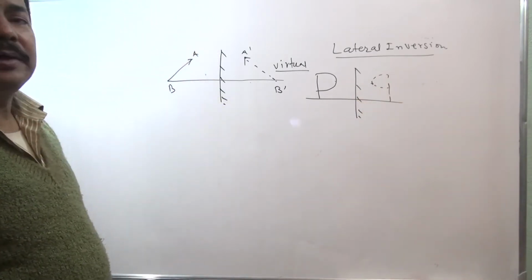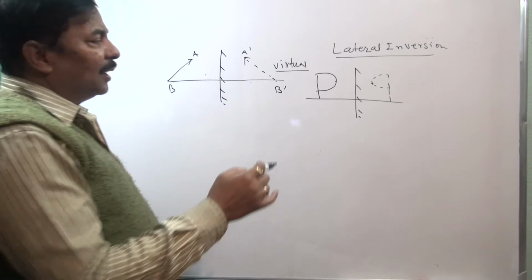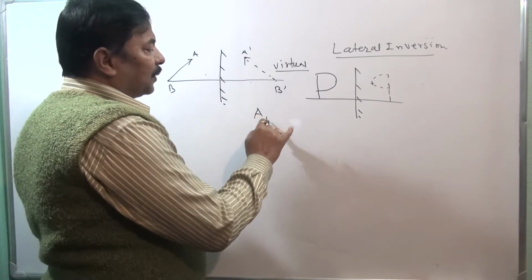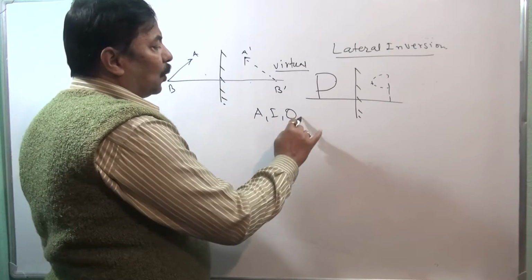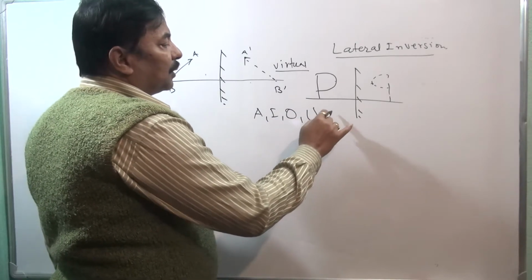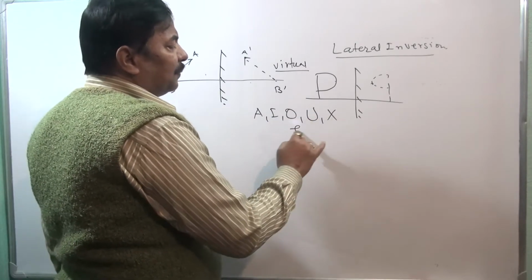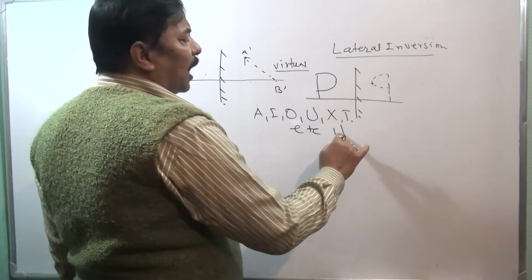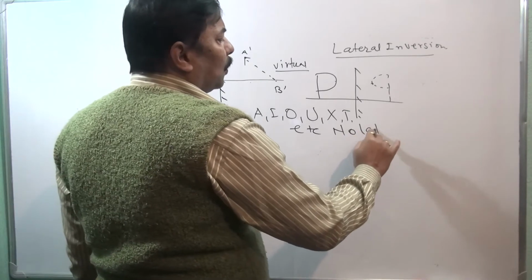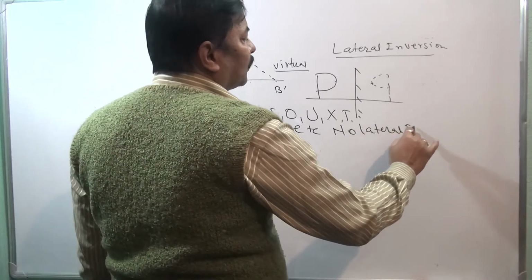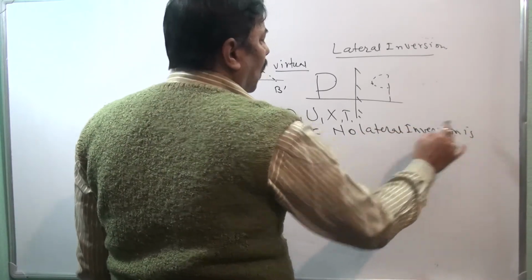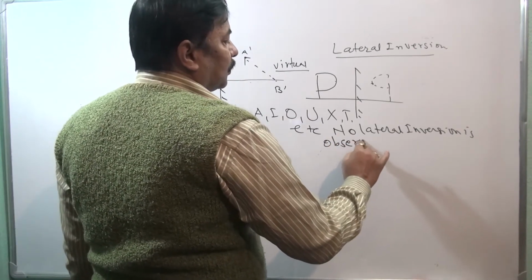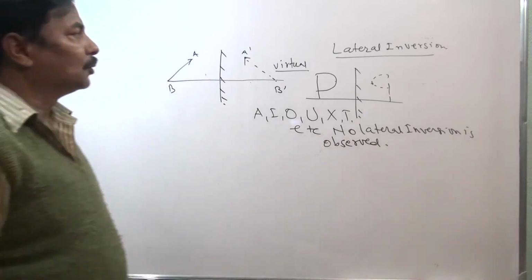So this is called lateral inversion. There are certain symmetrical letters like A, I, O, U, X, etc. T is also there, in which no lateral inversion is observed because these are symmetrical. So this also you should understand.